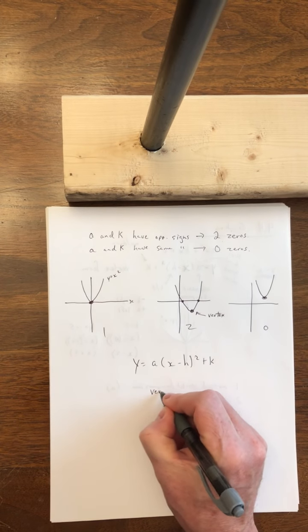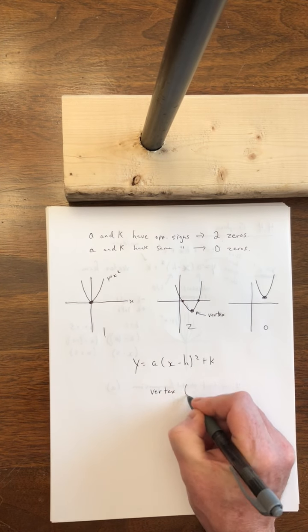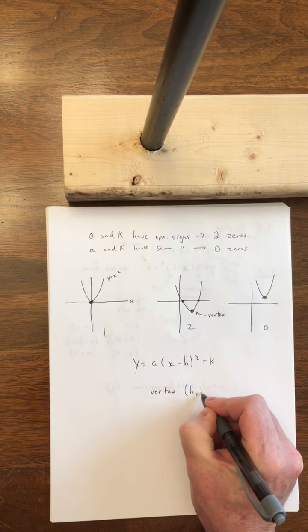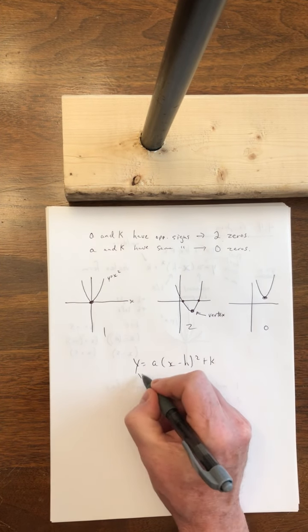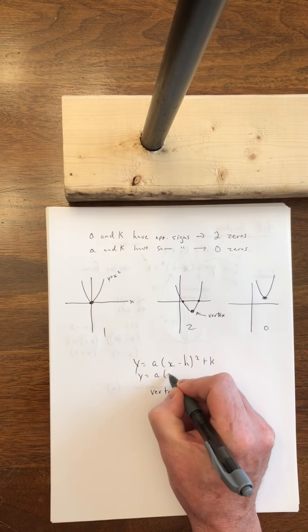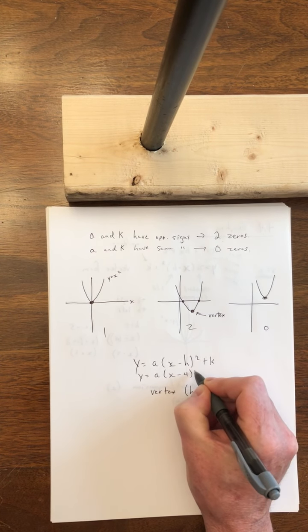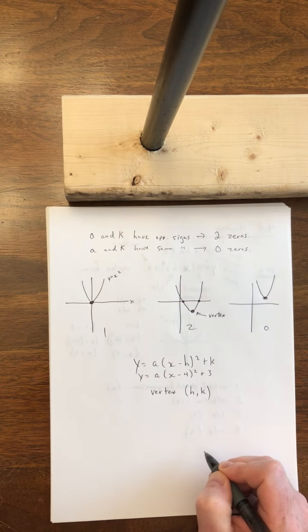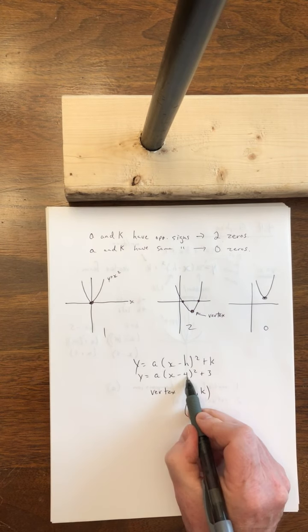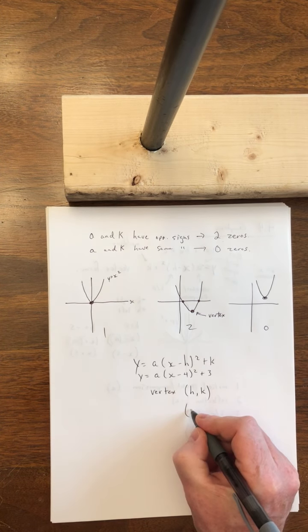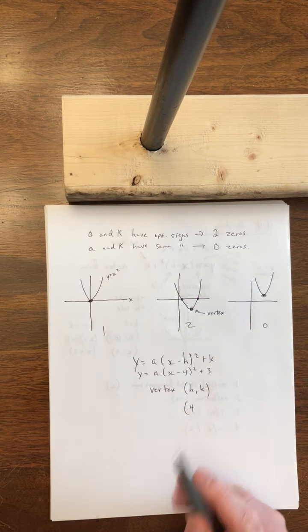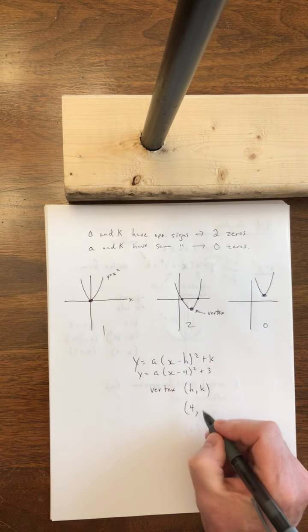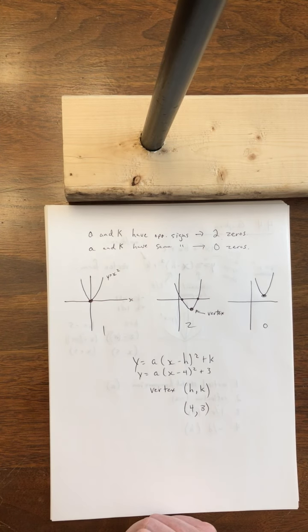So the vertex is located at h, k. So if our formula here is y equals a times x minus 4 squared plus 3, that tells us our h here is a positive 4, the opposite of the sign, and our k value is 3. So we can find our vertex.